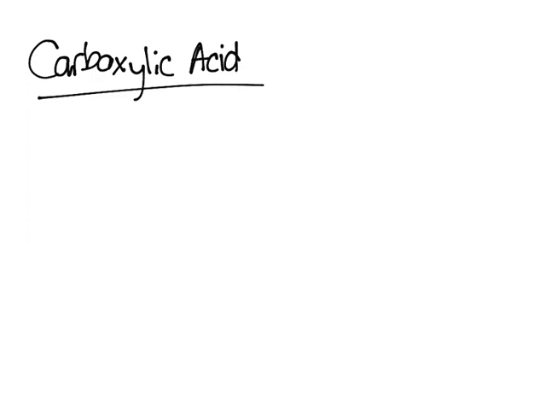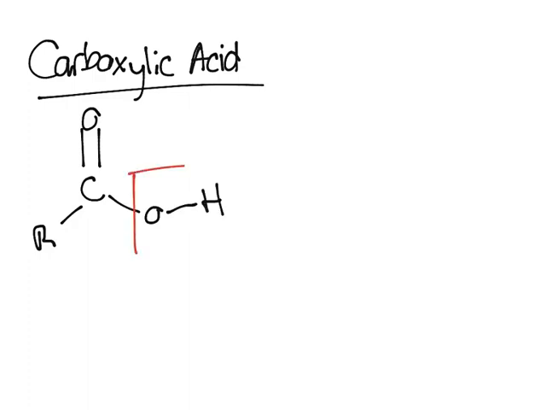Here it has a carboxyl group, so you'll have an O, C, here's an R, and then an OH. Some people get that mixed up with an alcohol, but if you have an OH bonded to a carbonyl, which is this thing, then it's a carboxylic acid. So whenever you see an OH, always look for a carbonyl next to it.